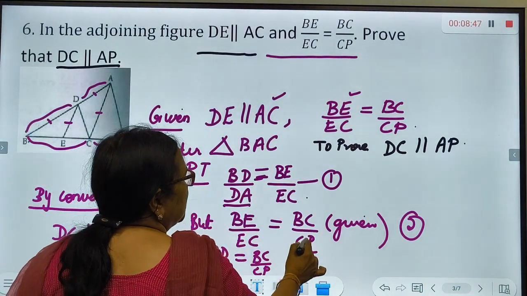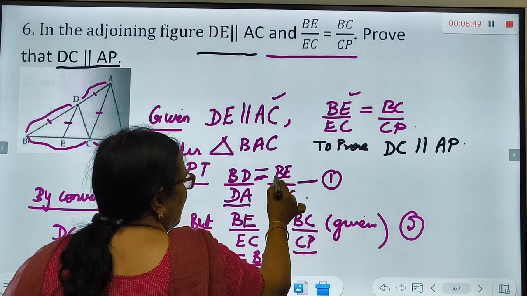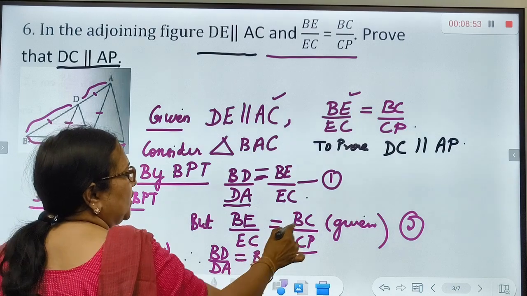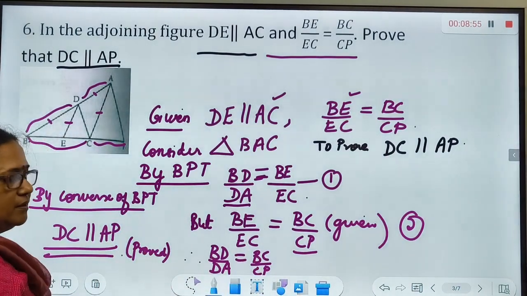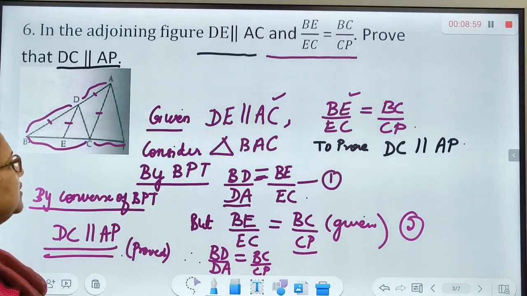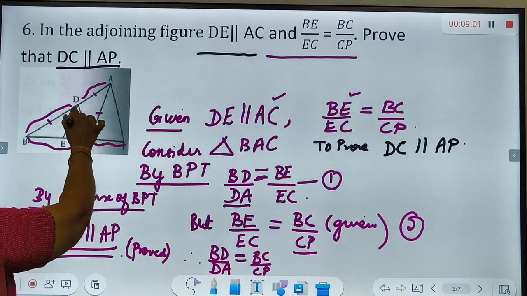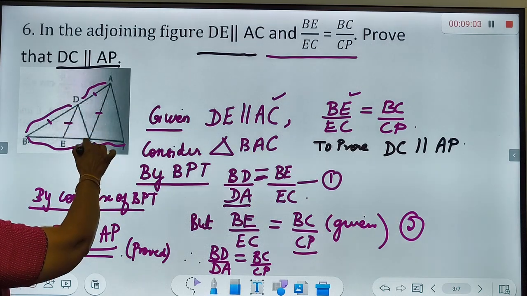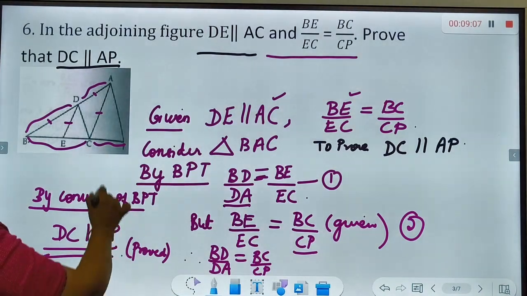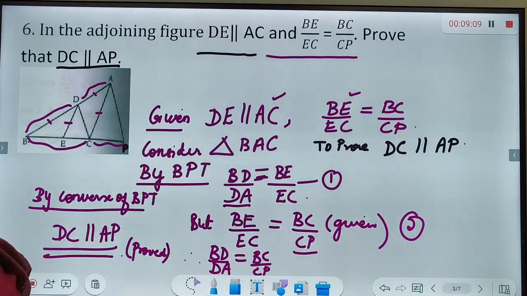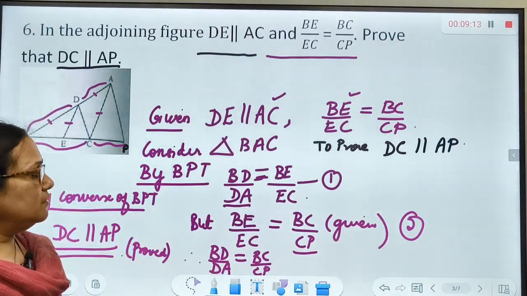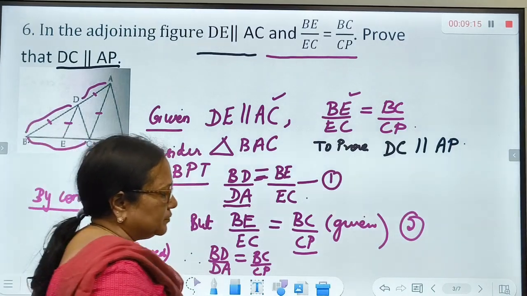BE by EC is BC by CP. So from 1 and 2 it follows that BD by DA is actually equal to BC by CP. If two sides are proportional, then the line which joins them, D and C, should be parallel to AP. This is P. Is it clear? Are you able to follow?